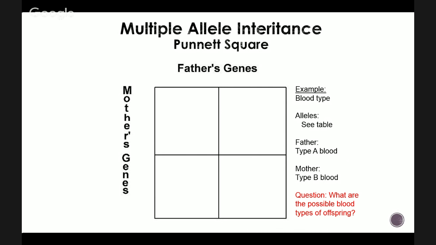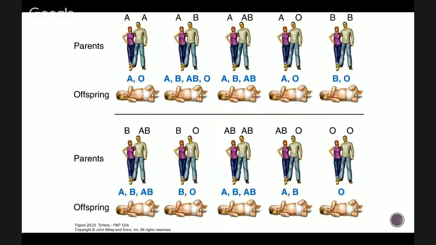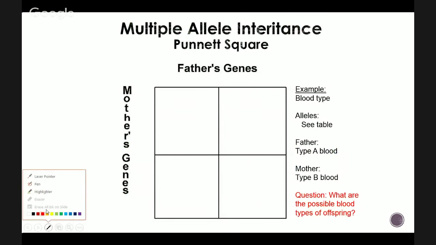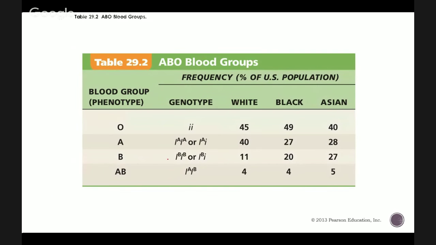Okay, so before we can do this, we need to look at the available alleles. Father is going to have type A blood. Or type A. Okay.